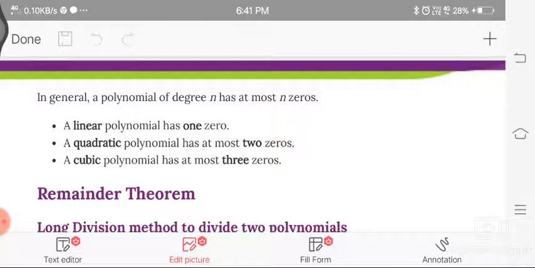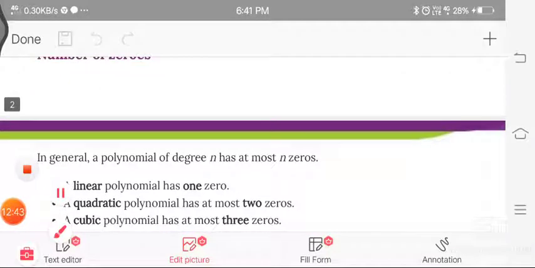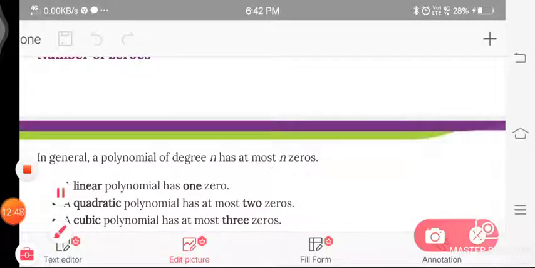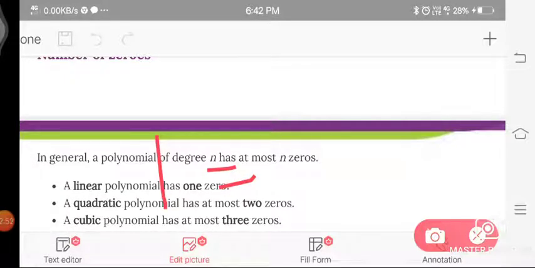How many zeros does any polynomial have? So in general, a polynomial of degree n has at most n zeros. Means if there is any polynomial of degree 1, then it has at most 1 zero.